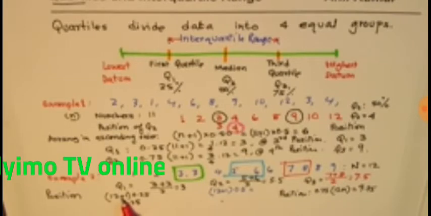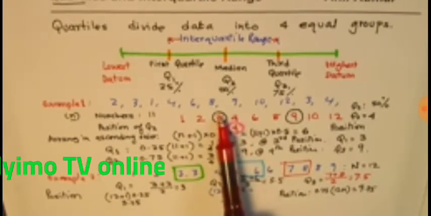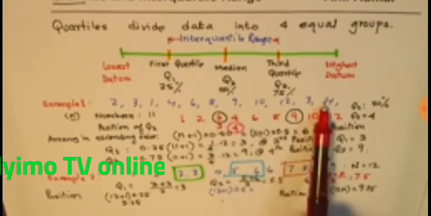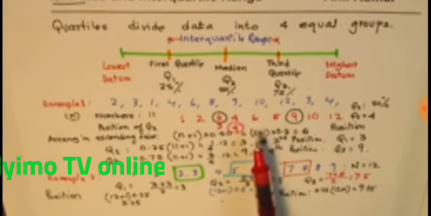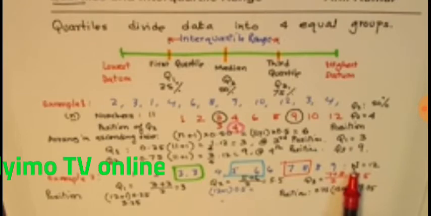That gives you the exact position. If this position is a whole number, as is the case when we have an odd number of data points, then you straight away get your answer. But if we have an even number of data points, as in the second example where we had 12, then to find the quartiles we have to find the average of the two adjacent numbers. You get the idea, right?